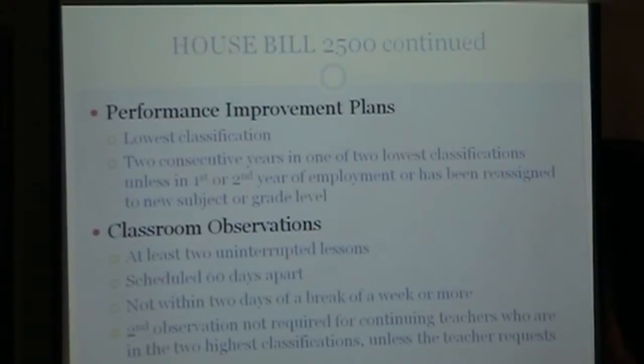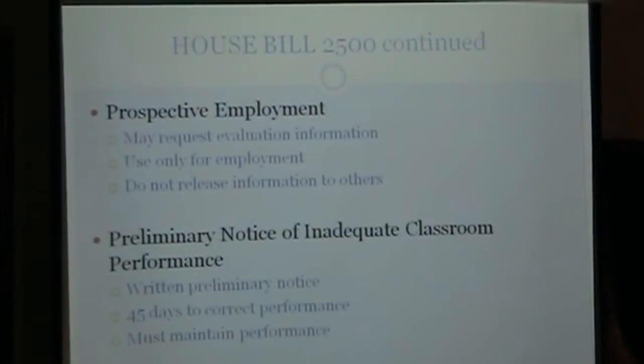Also, House Bill 2500 addresses requests from prospective employers or from our school district as well. We may ask for the evaluation of one of the teachers, and it needs to remain only for employment purposes and cannot be shared.